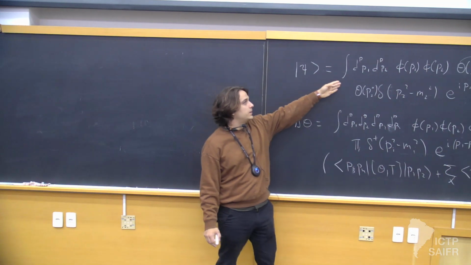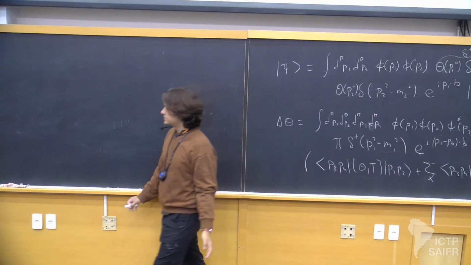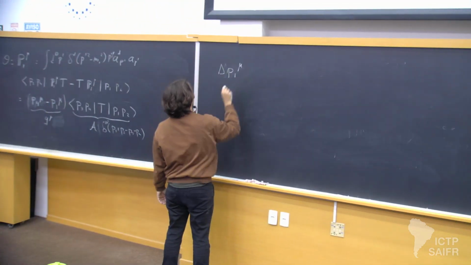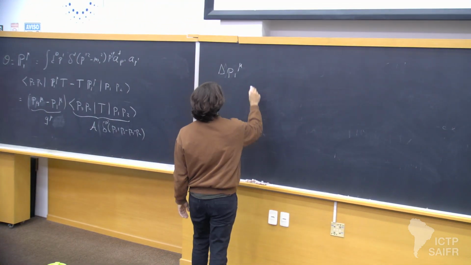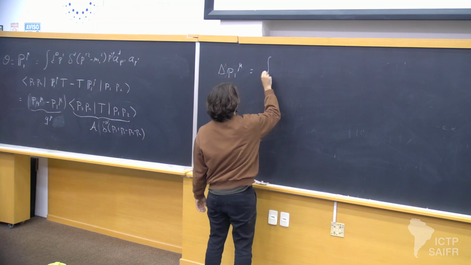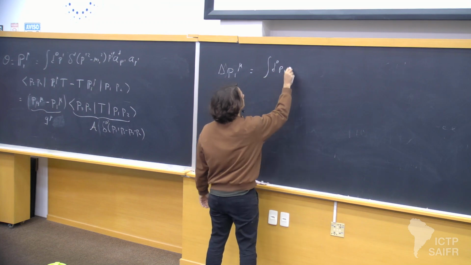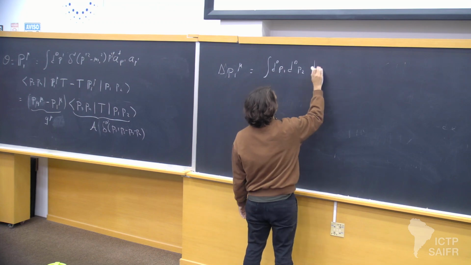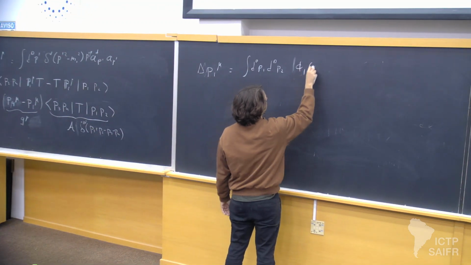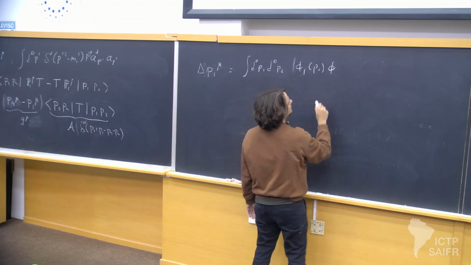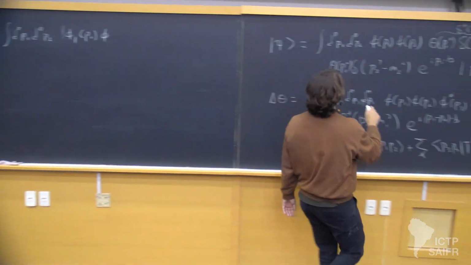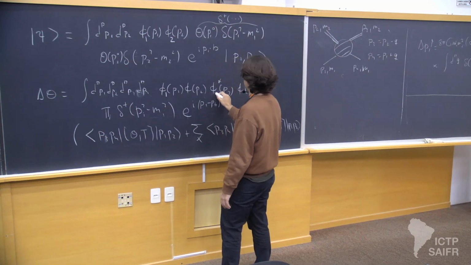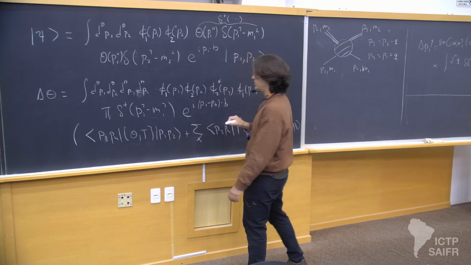Let me choose them to be P1, P2, and Q. Okay, so the change in momenta of particle 1 then will be something simple. So I will have d^d p1, d^d p2, actually maybe I can make it even more clear by choosing the wave functions here to have labels for the 2 species of particles.